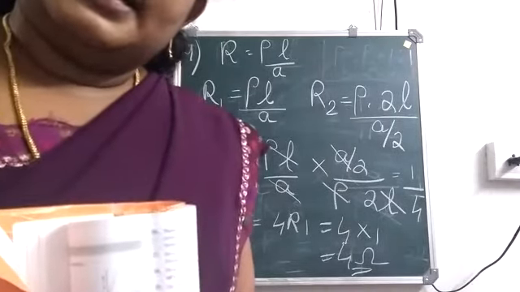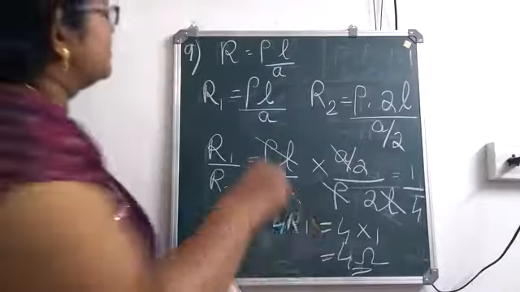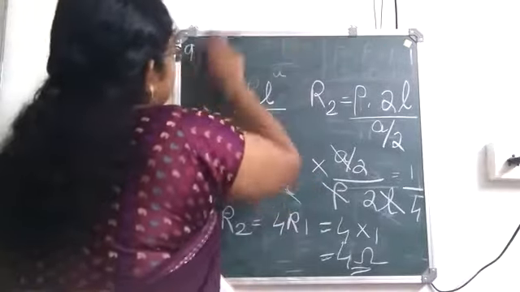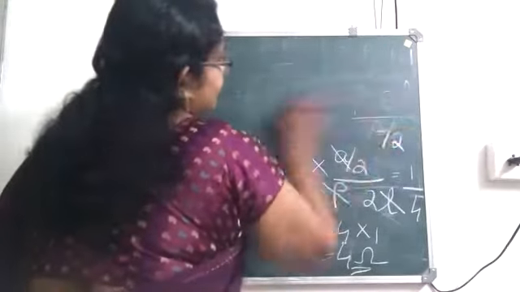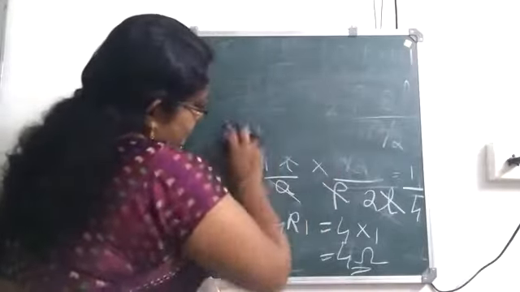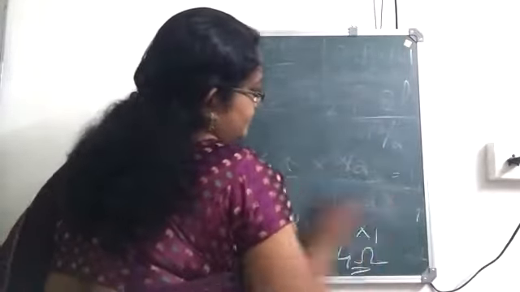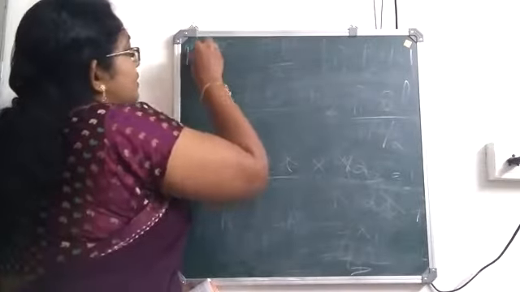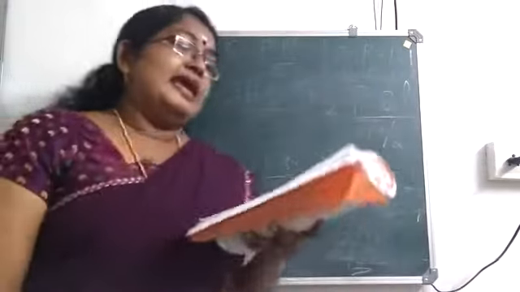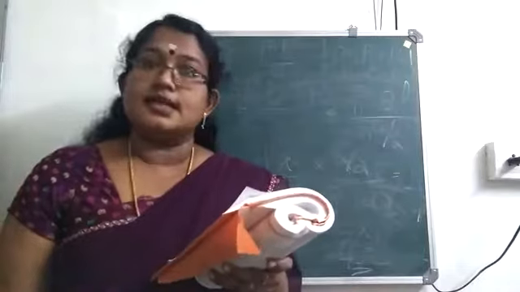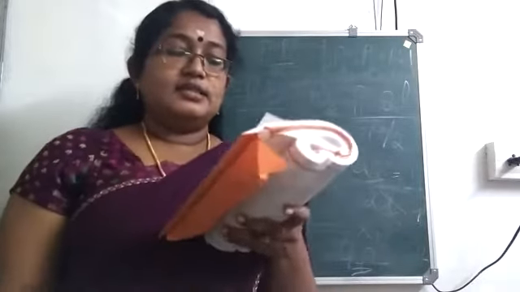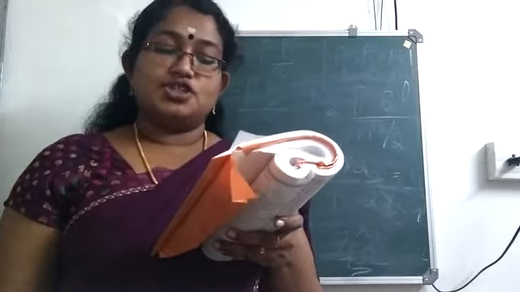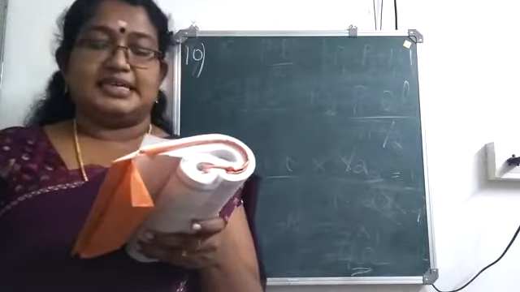Now, we will consider the next one. Question number 10. A wire of resistance 3 ohm and length 10 centimeter is stretched to length 30 centimeter.